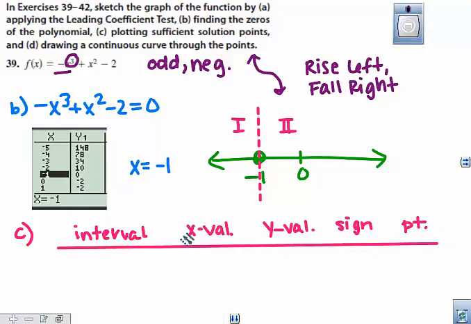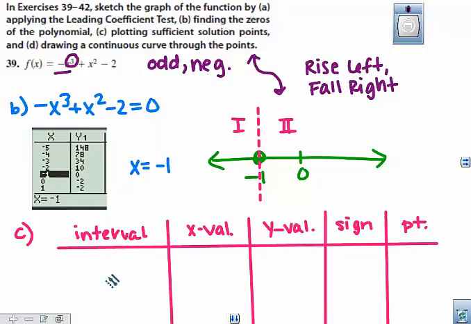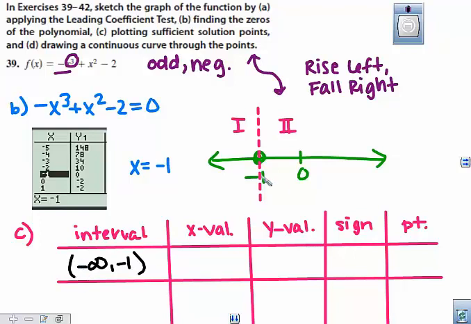Okay, so we said it's only 2 intervals because there's only one root. So that first interval is from negative infinity to negative 1. The second interval is from negative 1 to positive infinity.